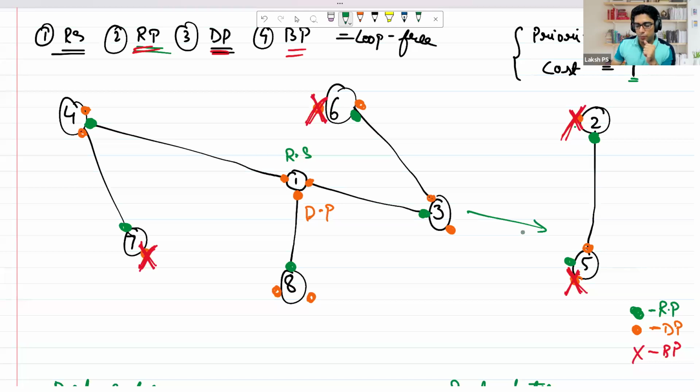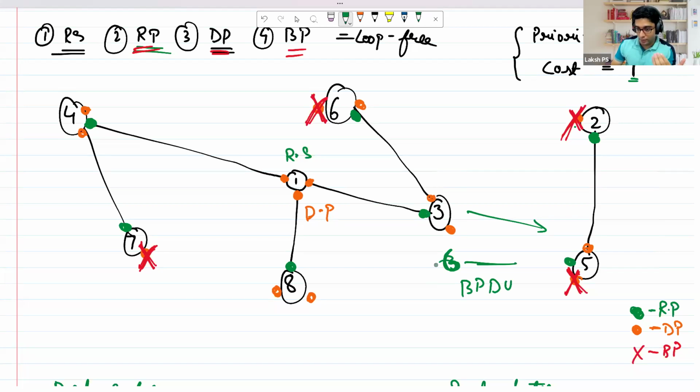For some reason, 5 did not receive a BPDU. So what will 5 do? 5 will wait for 3 BPDUs, meaning 6 seconds. It will wait for 6 seconds to receive a BPDU.